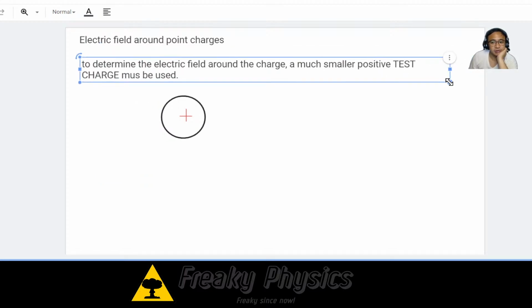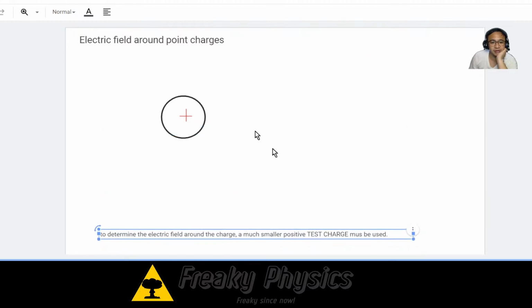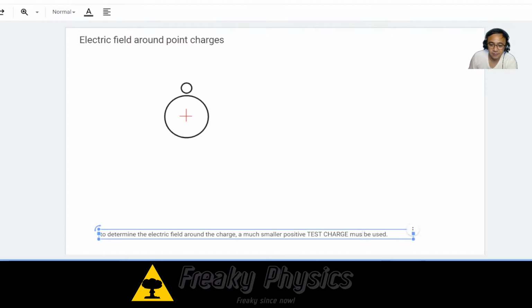The idea now is, in order for you to determine the electric field around this positive charge, all you have to do is put in the smallest possible test charge we can draw. All you're going to do is place this small positive charge, which I'm not going to label as such, and see how it moves.